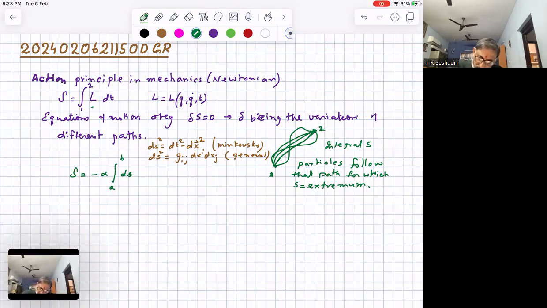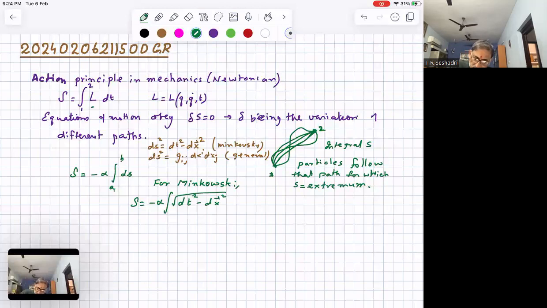So, for the case of Minkowski, we have S is equal to minus alpha integral of the square root of dt square minus dx square. That is, as the particle goes from point A to point B, I calculate all the ds's in between.